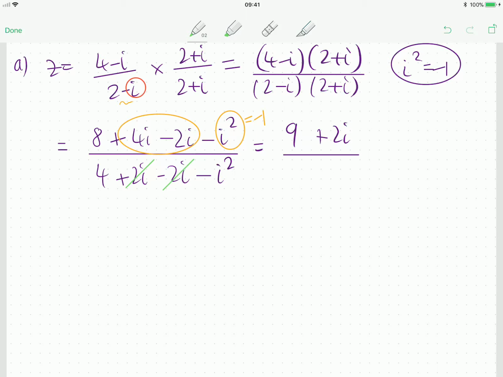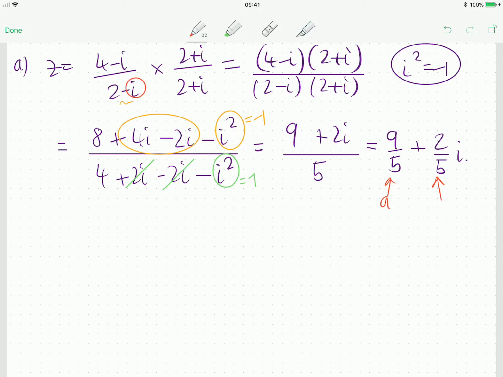Well, the 2i and the minus 2i cancel. We have this i squared is minus 1, so we have minus minus 1, it's plus 1 on the end. We have 4 on the beginning, so this is 5. Giving the final answer of 9 over 5 plus 2 over 5 times i. Just to be clear here, this 9 over 5 is a, and the 2 over 5 is b.